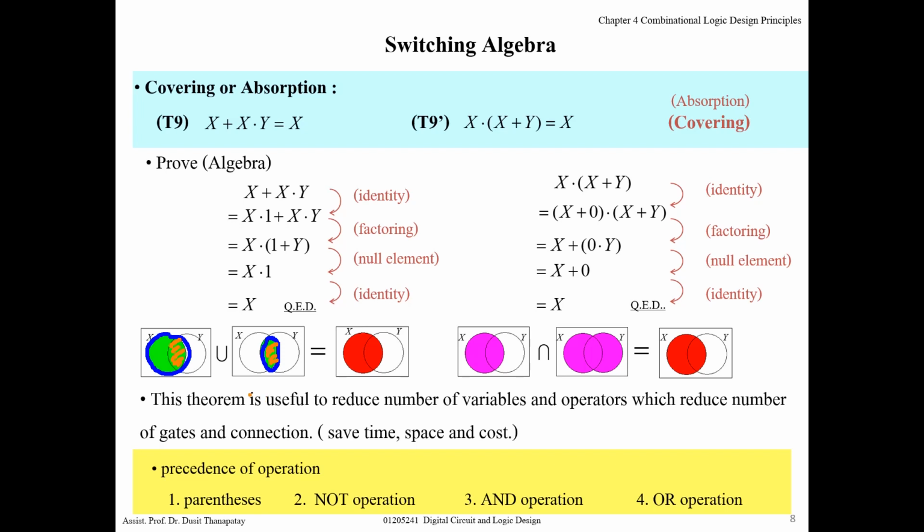So when you put them together, it is still x. So based on this behavior, it's called covering or absorption. This one already covers this area.